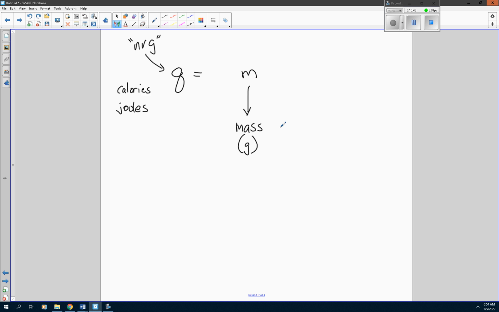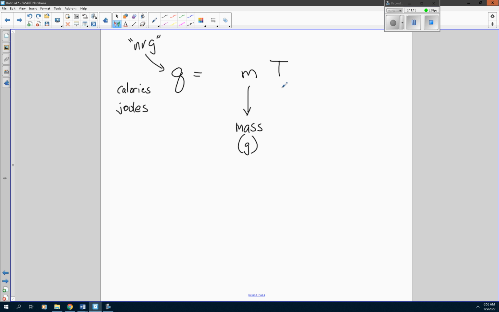Or do I have to put more energy into the water to make its temperature go up a lot more? So this next variable we're talking about here has to do with temperature. If I put a little bit of heat into an object, the temperature is only going to go up a little bit. If I put a lot of heat into an object, the temperature is going to go up a lot. So this next variable has to do with temperature.